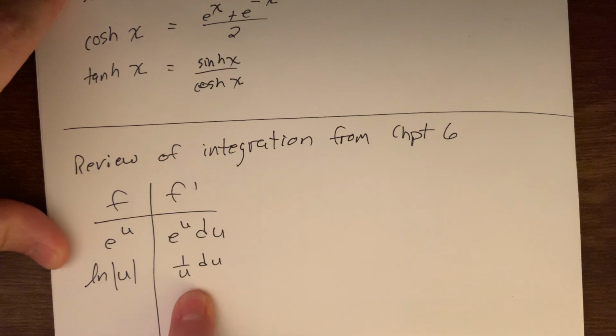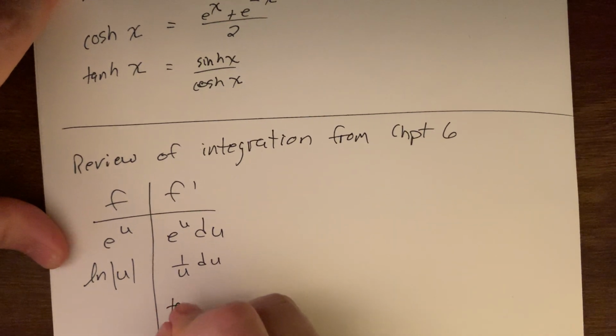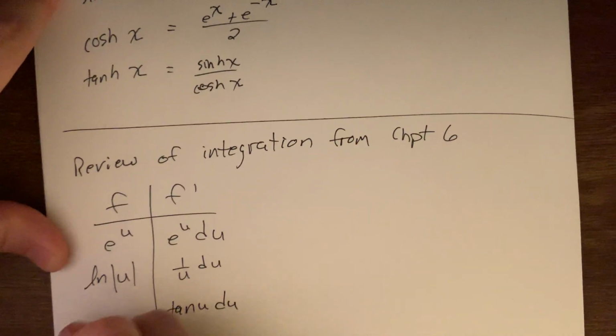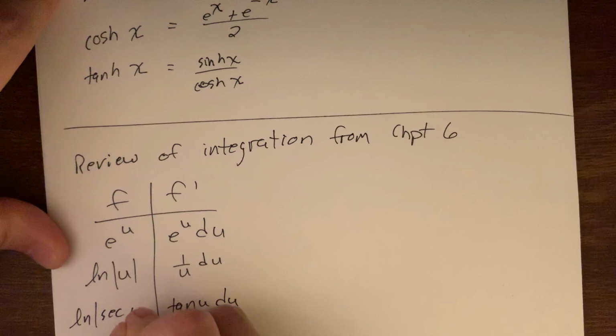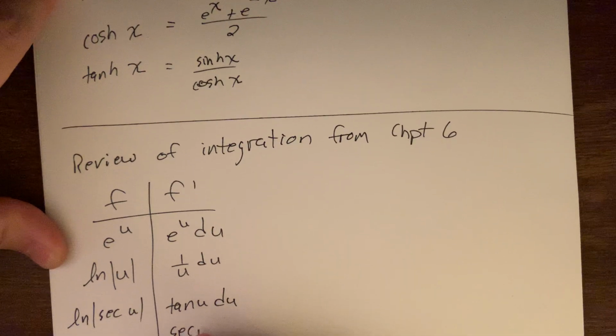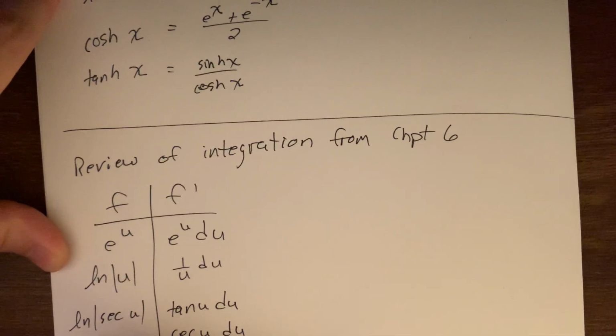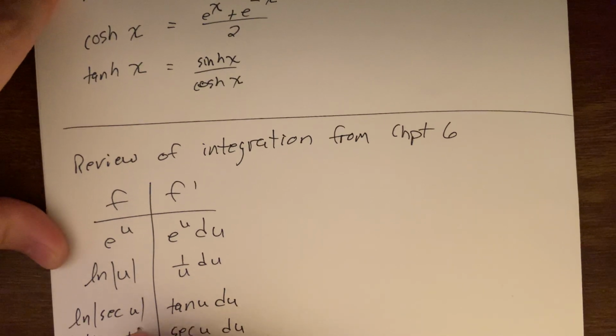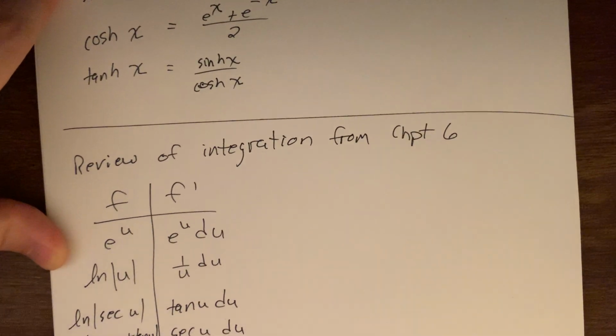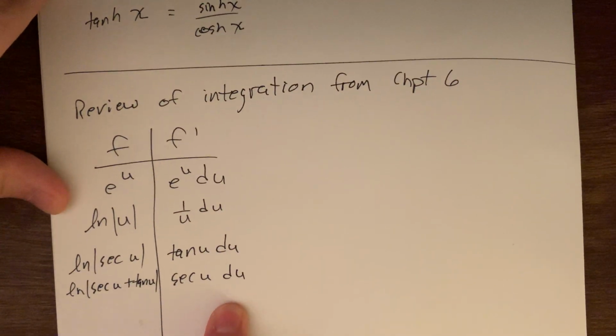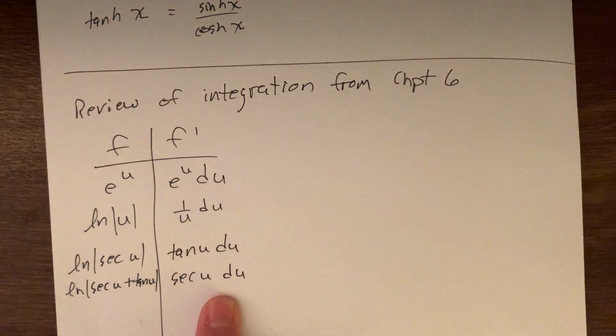Once we did this, we found out that we could now find the antiderivatives of some of our other trig functions. We figured out the anti of tan of u is log of secant u, and the anti of secant u is log of secant u plus tan u. And those were tough, but we proved those, so now we can just use them.